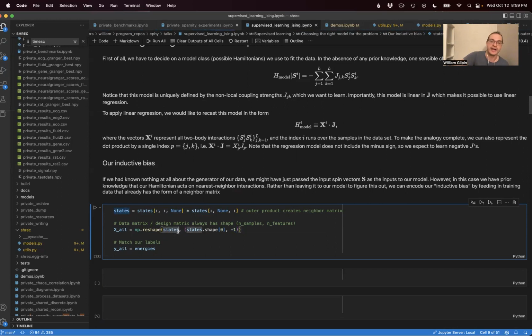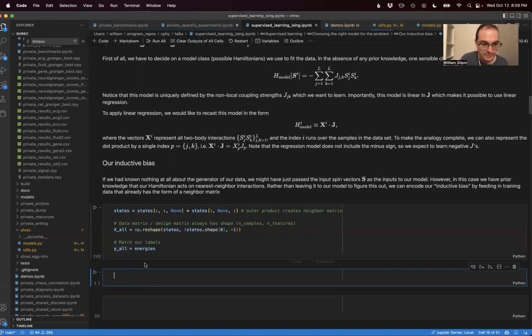And so then I have X all, which is going to have a dimensionality equal to the number of samples. So here that was 10,000. And then the second is going to be the number of features, which here is 40 squared because I have 40 lattice sites. And then our targets, our regression targets, are just a single scalar per sample. And that's going to be the different energies computed under the Hamiltonian.